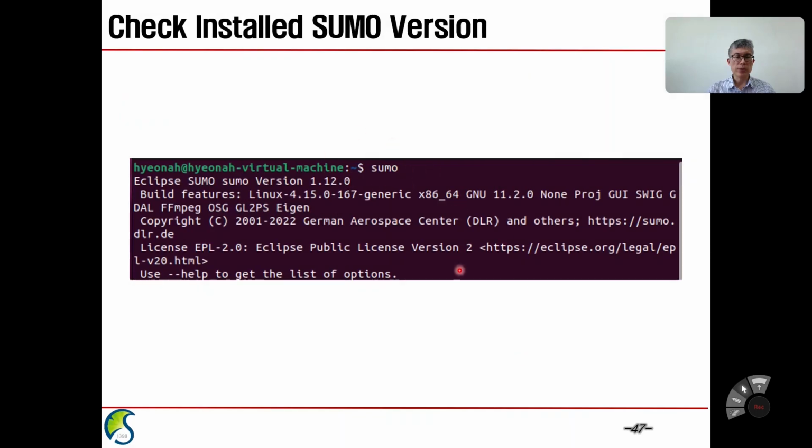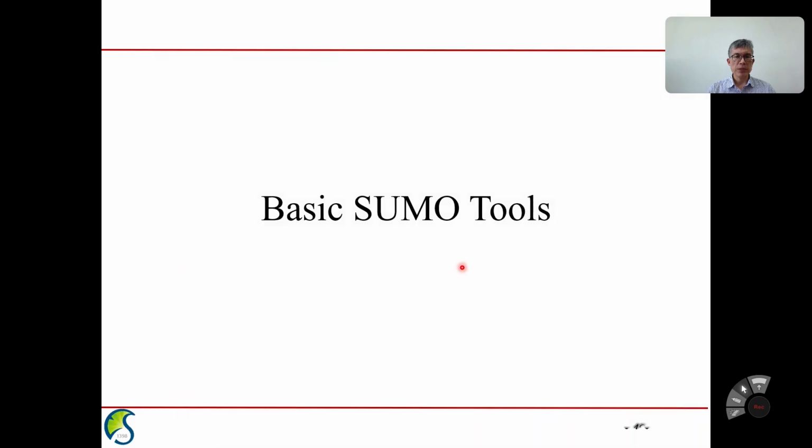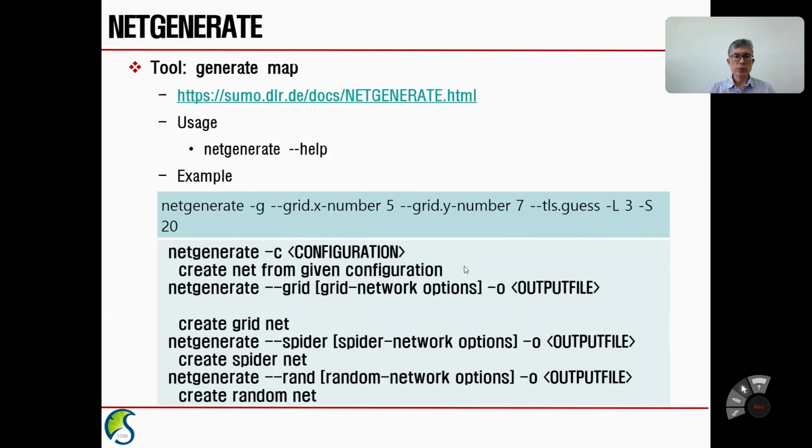So you run SUMO, and then you can see the SUMO IDE environment. The basic SUMO tools: using netgenerate, okay, you can do road network generation. With netgenerate you can define the number of lanes and the road size.